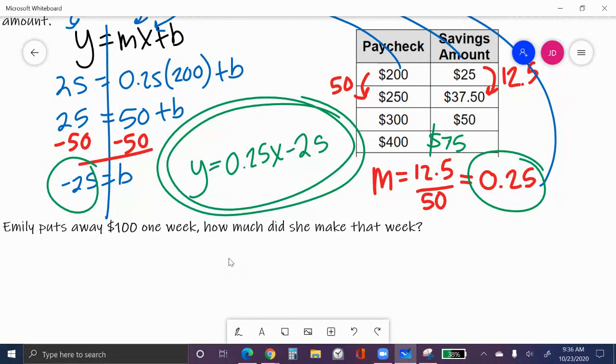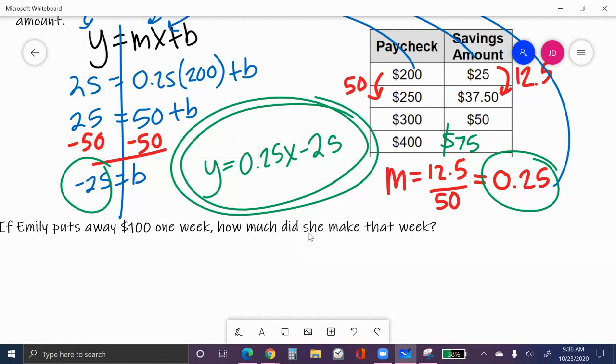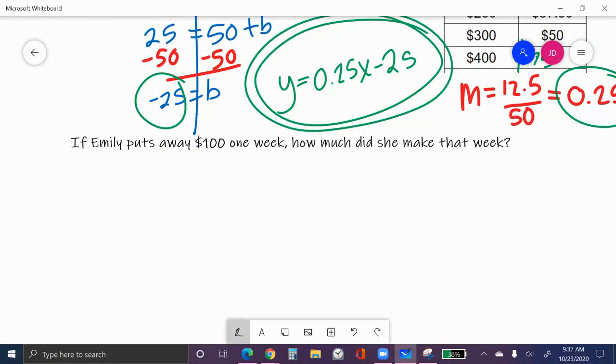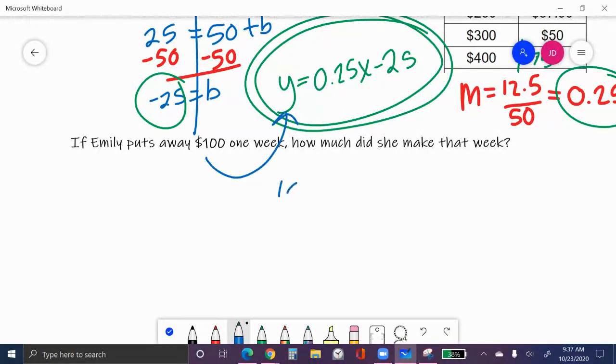She wants to know what her paycheck was. So that 100 goes in for y. So we have 100 equals 0.25x minus 25.